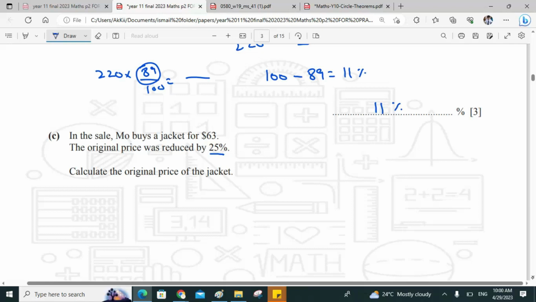You have to get the original price. Take the original price as x, and the original price is reduced by 25%, so it is just 75%, right? When 75% of the original price is taken, it will be equal to 63, right? So you solve this to get the value: 63 multiplied by 100 divided by 75.